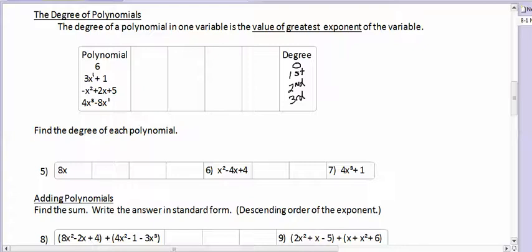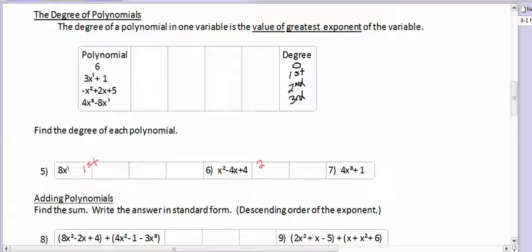Okay, so now let's go down and try some examples down here. I'm going to change my color because I'm going to write some answers here. 8x, this is 8x with an invisible 1 exponent, so this is a first degree. It's a first degree, and it's a linear monomial. Okay, the next one, the degree is 2.